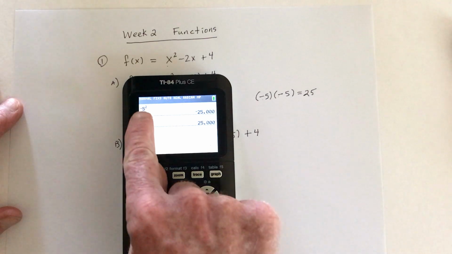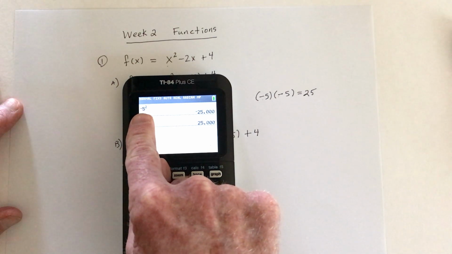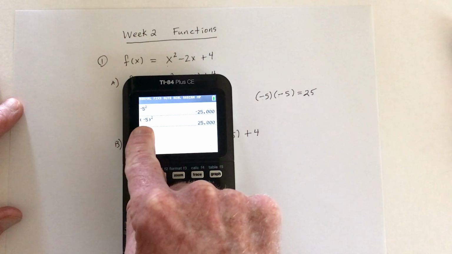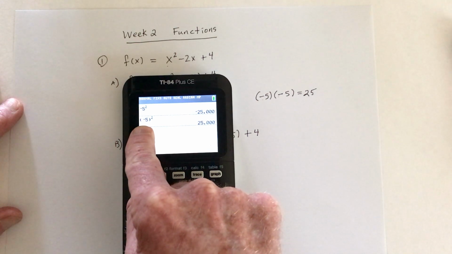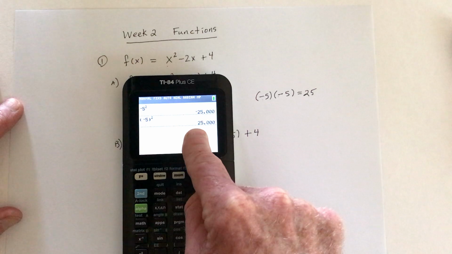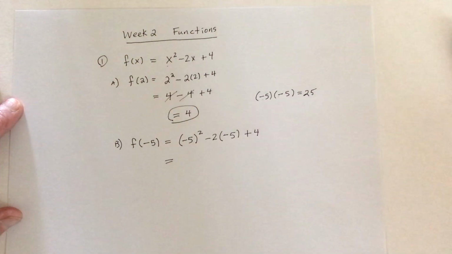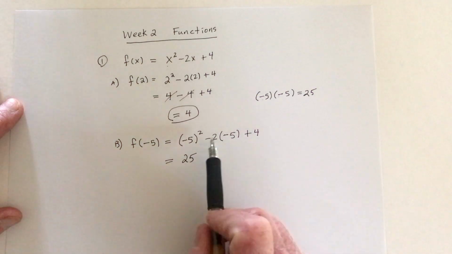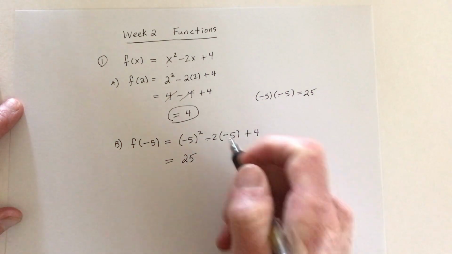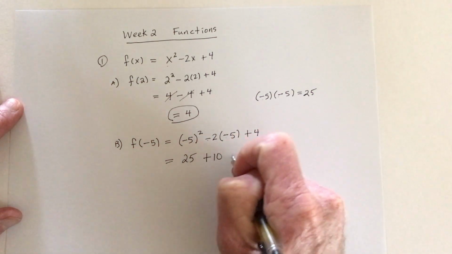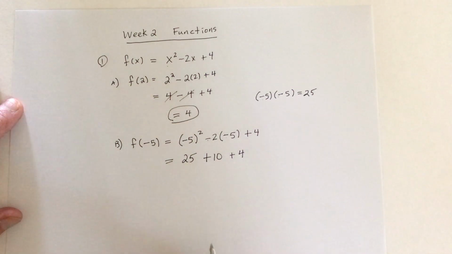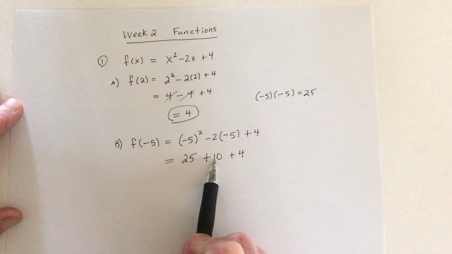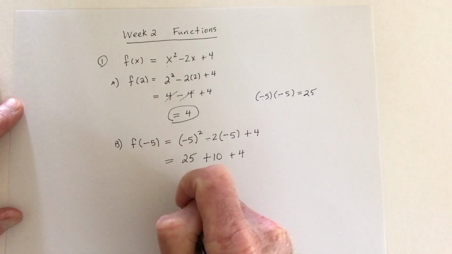So without the parentheses, the negative does not get squared, and the answer is negative. But with parentheses, negative 5 times negative 5 is positive 25. I'm positive about that. And then right here, negative times negative is positive 10, and then plus a 4. So 25 and 10 is 35, with 4 more is 39.